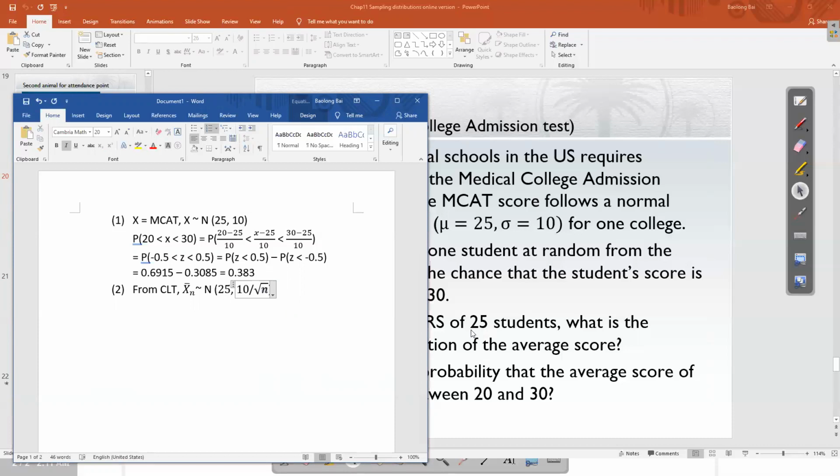Sample size is 25 students, we have 25 students as a sample. So then a little calculation here. We know X bar will have a normal distribution, and the parameters will be 25 and 10 divided by 5, which is 2.